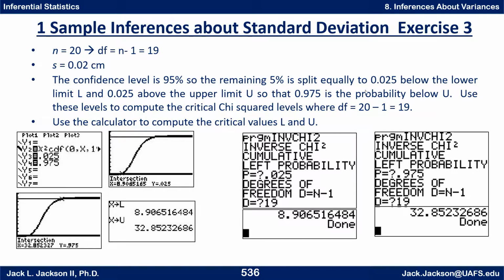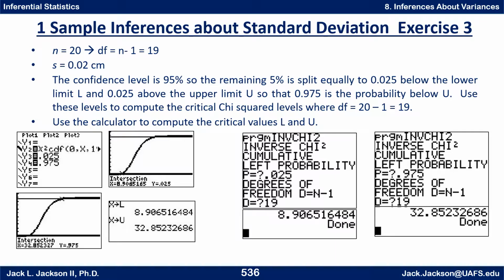Again, put in the 0.025 and put in degrees of freedom as 19, then that's our chi-square lower. I could take that number and maybe store that as L, like I did over here. And then I run the program again to get the other one. The left probability below the upper one is 0.975, again 19 degrees of freedom. And there's our upper one, which I could store as U again if I wanted to, like on this screen over here.